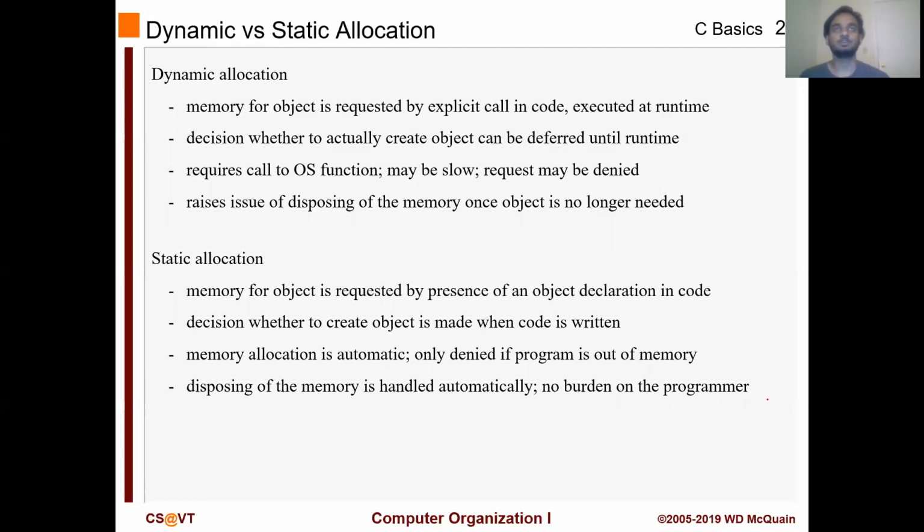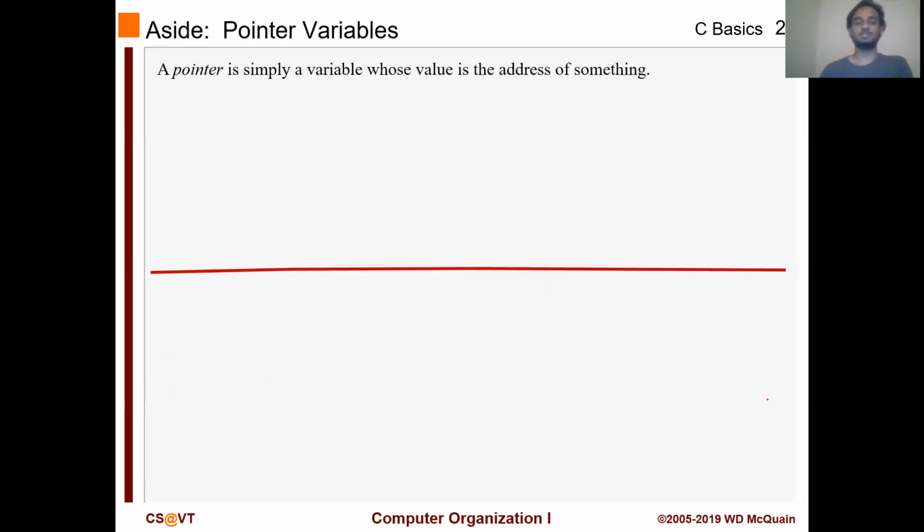If it runs out of all the space it was given at the beginning, only then will it not have enough space for the static allocation. Disposing of memory is handled automatically. It's basically the auto scope from Java. Whenever you go outside a block, that memory stops existing.